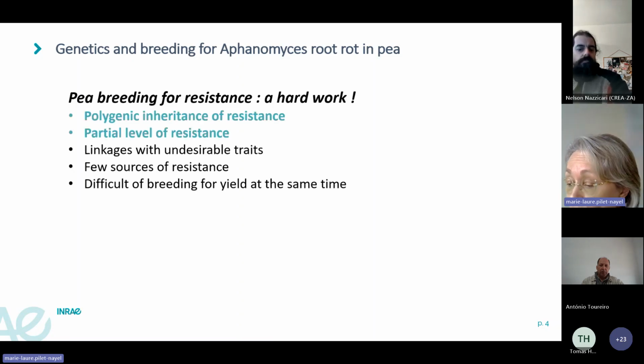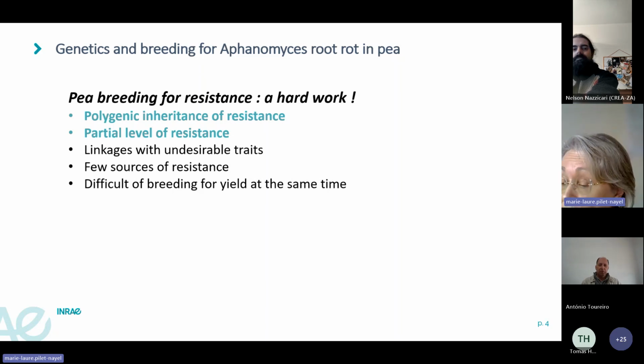Pea breeding for resistance to Aphanomyces root rot has been very challenging for several decades worldwide due to the polygenic inheritance of resistance, the partial level of resistance, but also linkages with undesirable traits, and few sources of resistance identified in the Pisum sativum species and its few related species which are intercrossable with pea, and also the difficulty of breeding for polygenic agronomic traits such as yield at the same time.